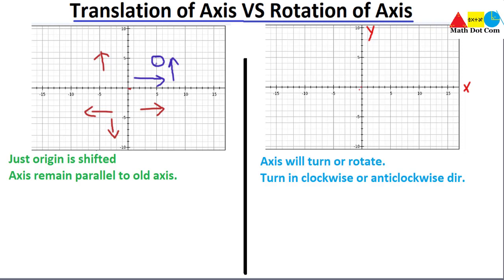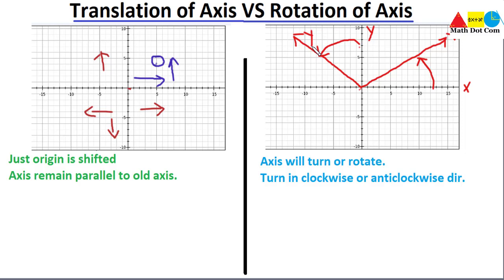It means if I draw a line here, this x is shifted here. Now the new x-axis is this. And what about the y-axis? The y-axis will also be shifted. If I draw a line here roughly, it means this y-axis is shifted here and the new y-axis is this one.